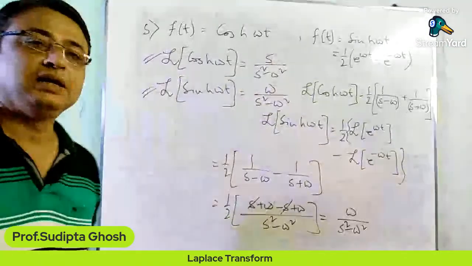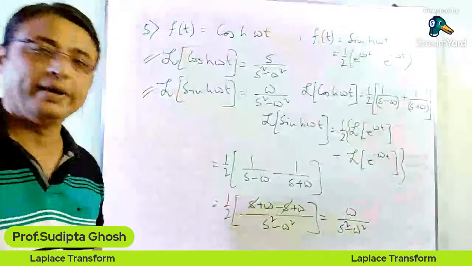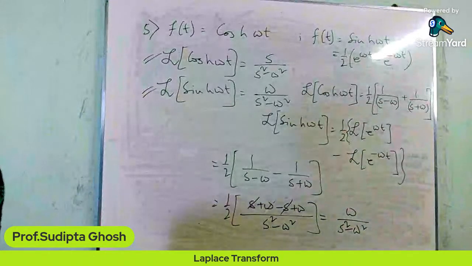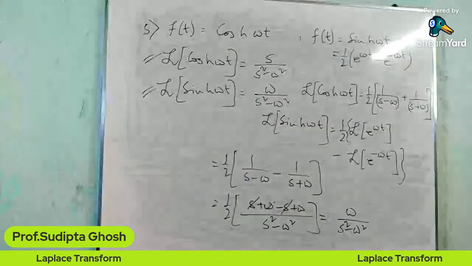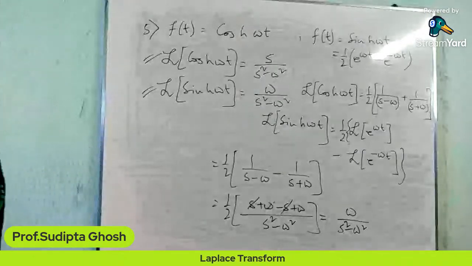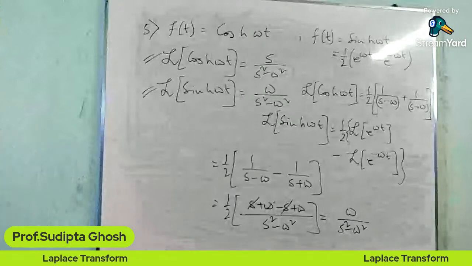So the Laplace transform of sine hyperbolic omega t is omega by s square minus omega square, whereas the Laplace transform of cos hyperbolic omega t is s by s square minus omega square. Okay?